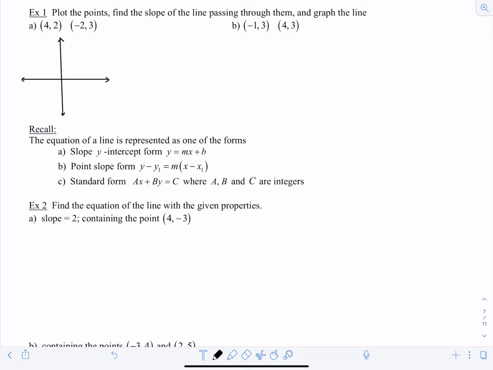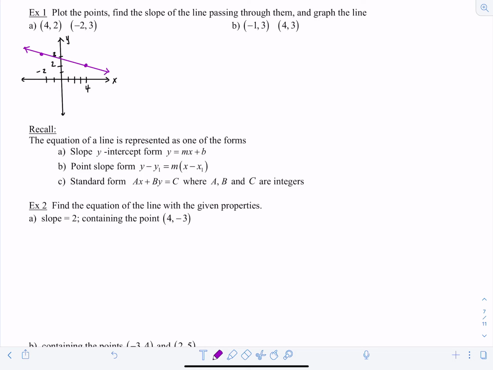Here's my x-axis, y-axis, always label that: 1, 2, 3, 4, 2, and then negative 2, 3. So here's 4, 2, here's negative 2, 3. I'll go ahead and graph the line that goes through those 2 points.